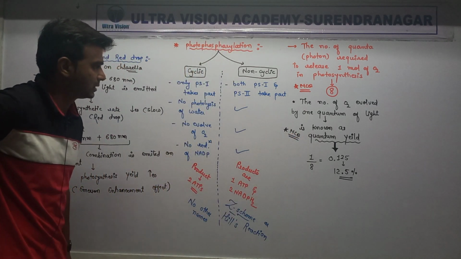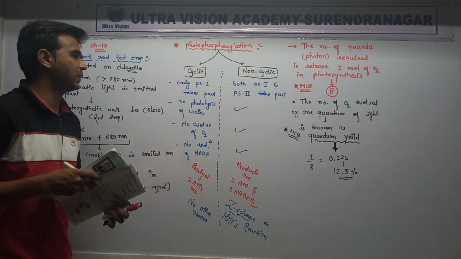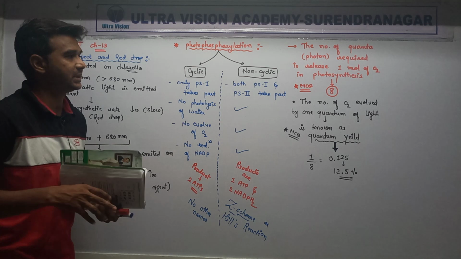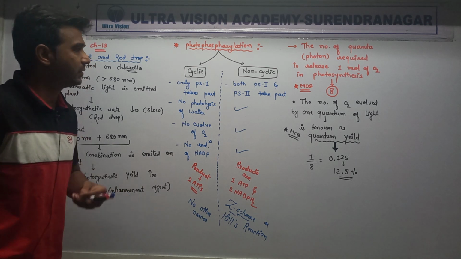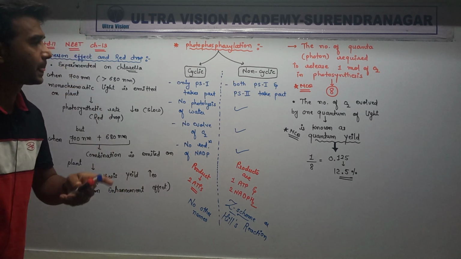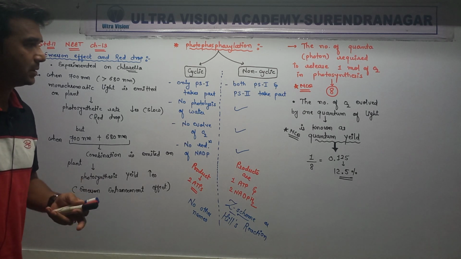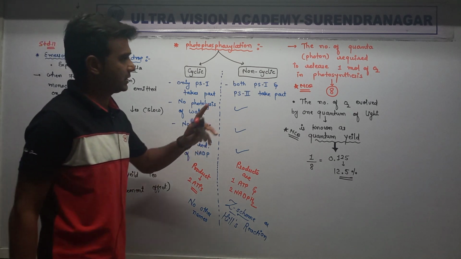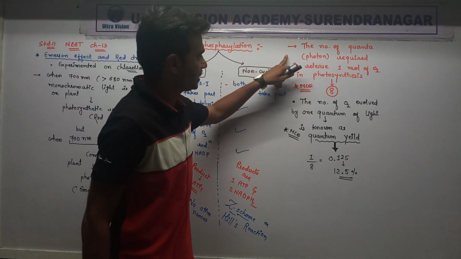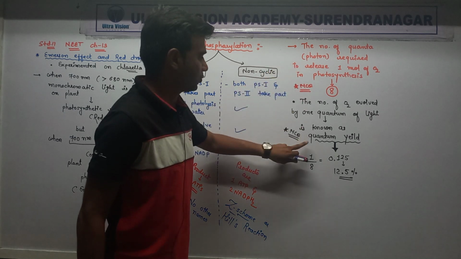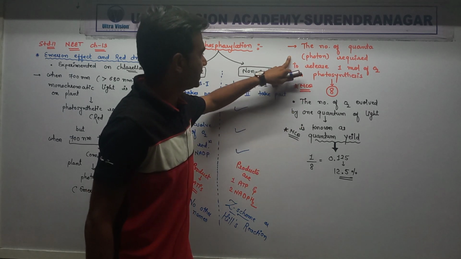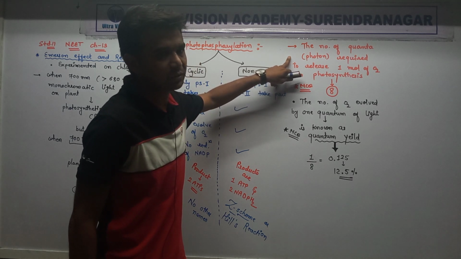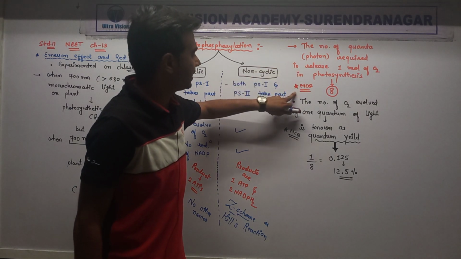Quantum yield is the number of oxygen molecules evolved by one quantum of light. To release one molecule of oxygen, we require 8 photons. See the difference between quantum requirement and quantum yield. To release one molecule of oxygen during photosynthesis, we require 8 photons.